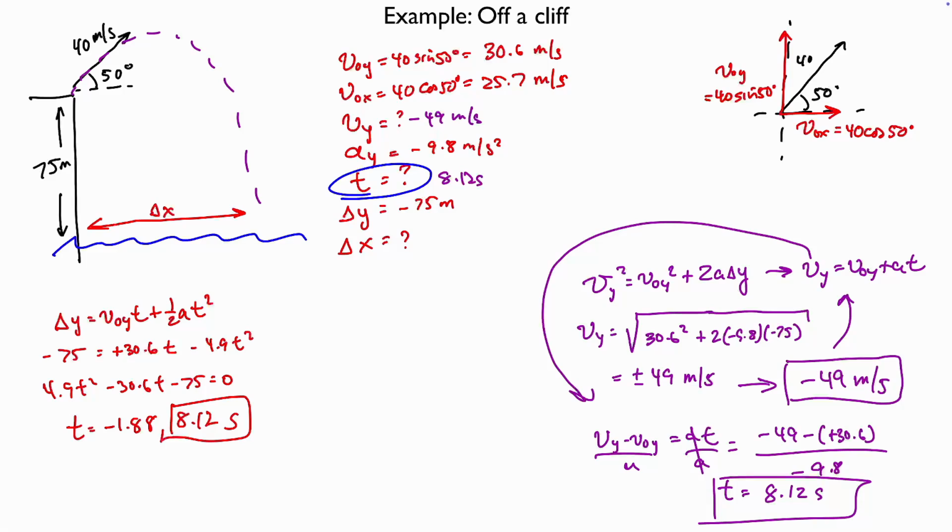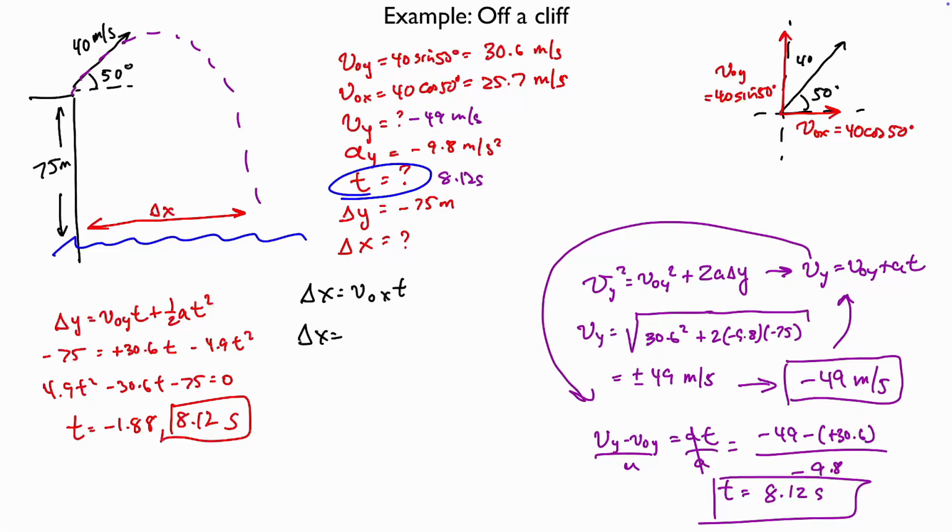And now we can talk about delta x, right? Because to get how far it goes sideways, what do I need? I need to know how fast it's going sideways. And time. Do I have time now? I sure do. So I can now calculate my horizontal range, right?